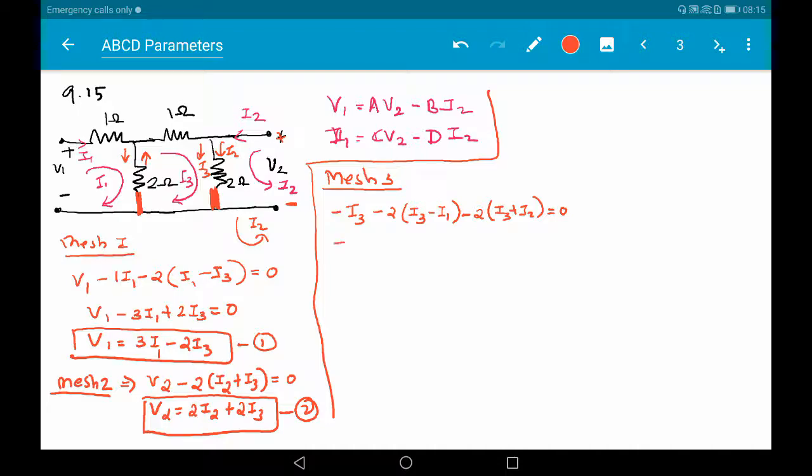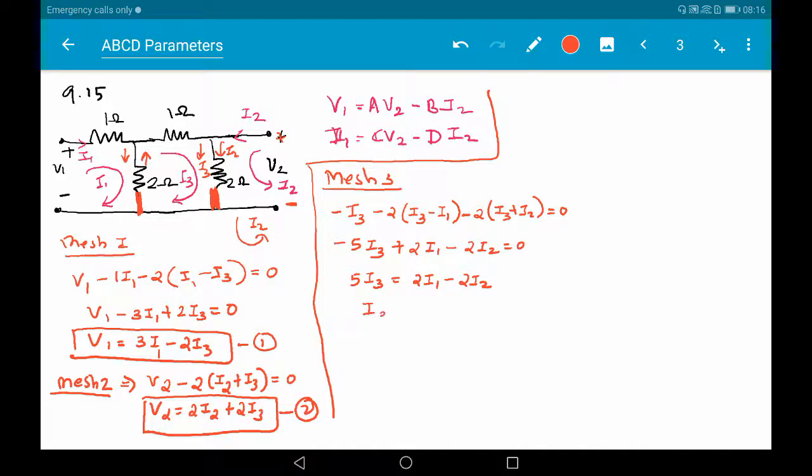So minus 5 I3 plus 2 I1 minus 2 I2 equals 0, or 5 I3 equals 2 I1 minus 2 I2.